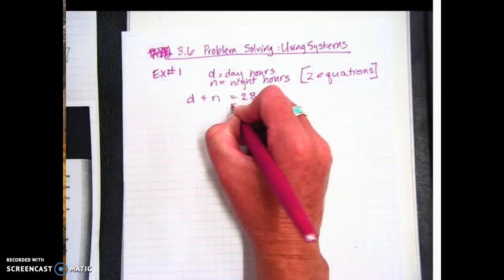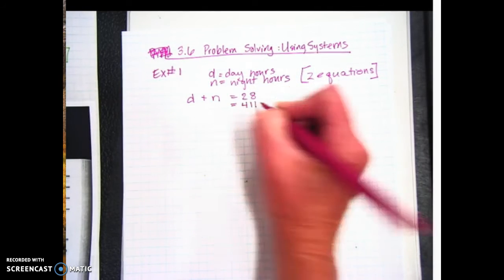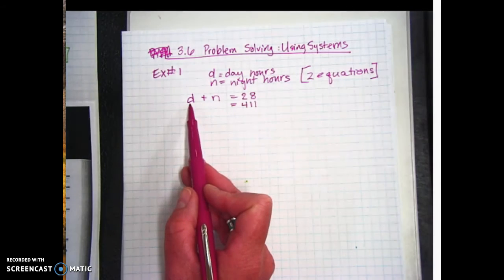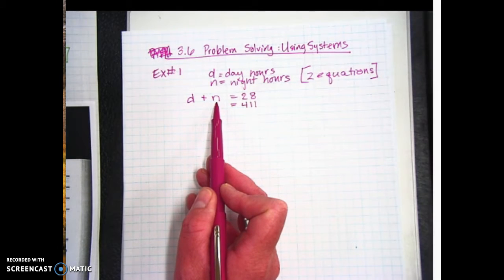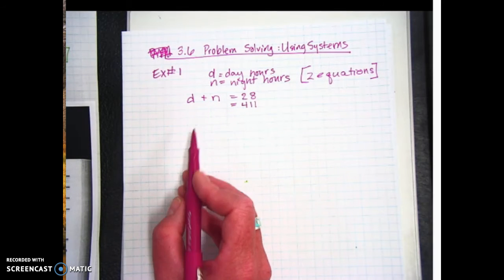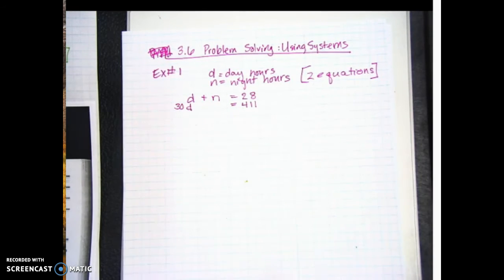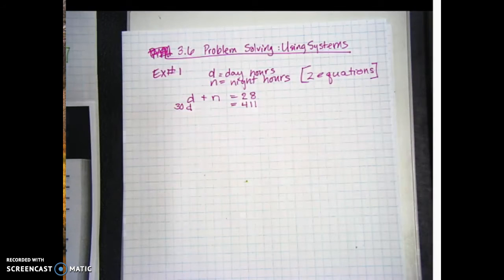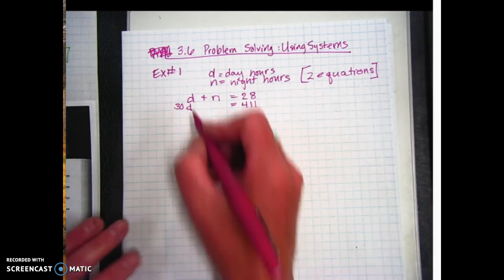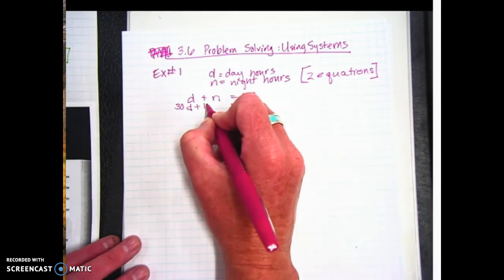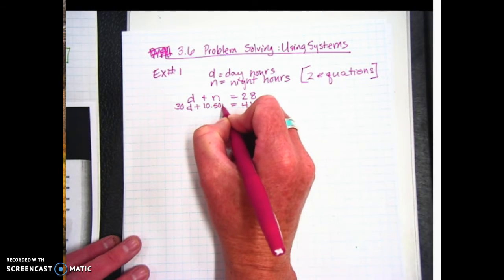So this is the numeric part. We're going to say $411, and the day hours was at one rate and the night hours was at one rate. The day hours was at 30, so we're going to say 30D. And the night hours was $10.50. So we're going to say plus $10.50 N.